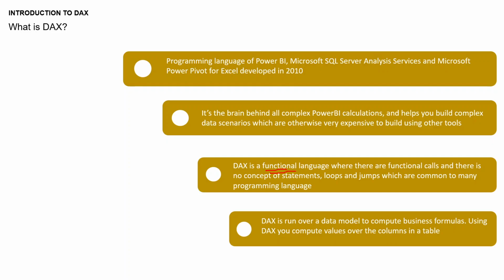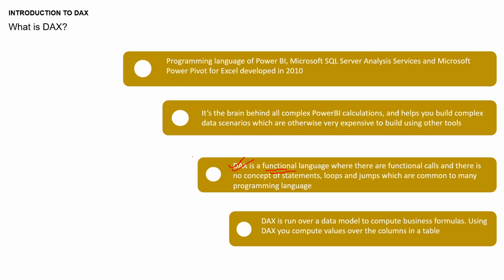So just remember that it's a functional language. It's not a typical programming language, which also makes it easy to learn and to adopt. It's relatively easier than programming languages, but it still requires some learning curve if you want to go to the complex end of DAX calculations.